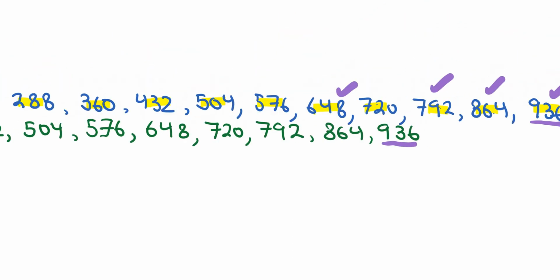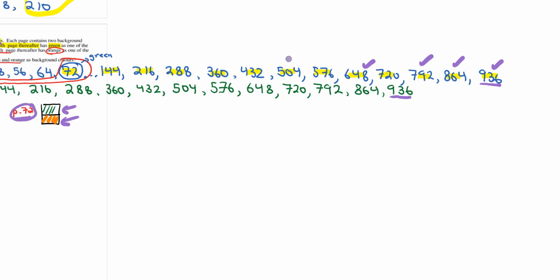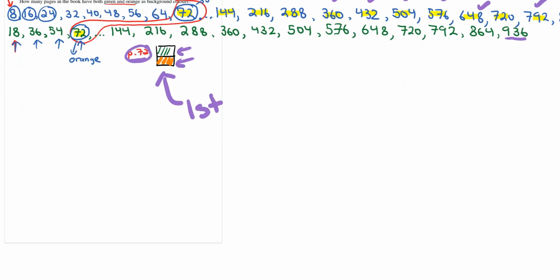We count up all the multiples that match in both columns. Page 72 is the first, page 144 is the second, 216 is the third, 288 is the fourth, and so on. If we count every single one up, there are 13 matching numbers. So that one's a bit of a tough one.